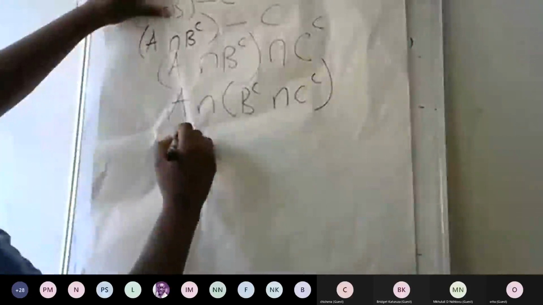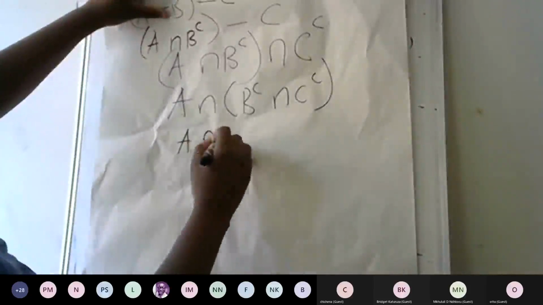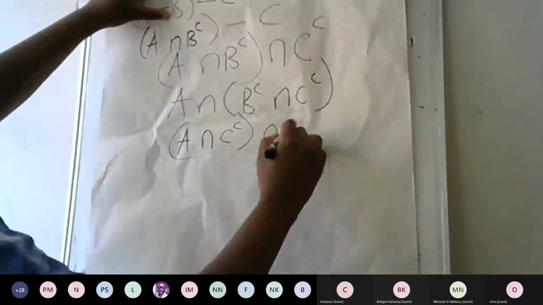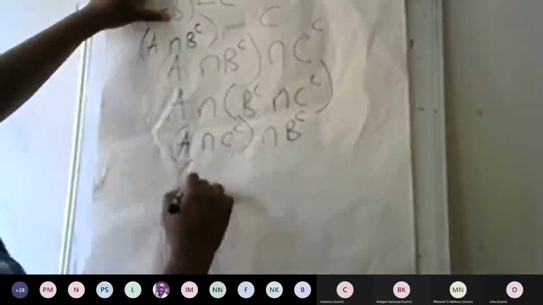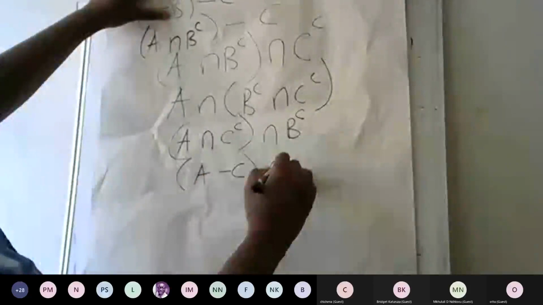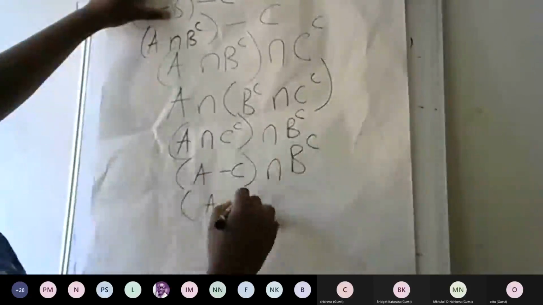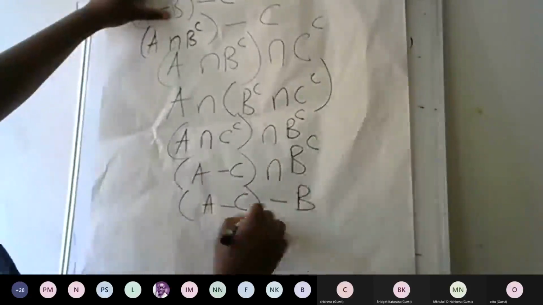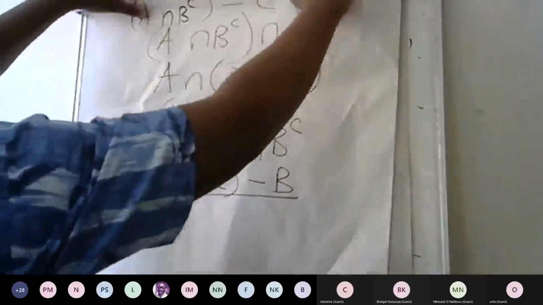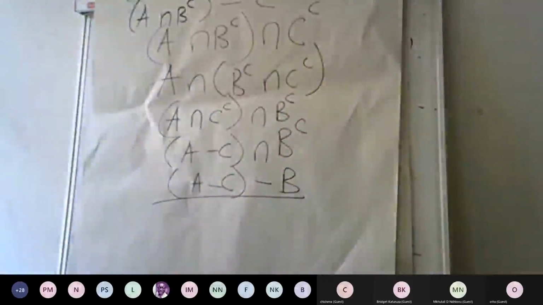So I can have A intersection C complement, intersection B complement, but this is A set difference C, intersection B complement, but also A set difference B, which is what I wanted to do.